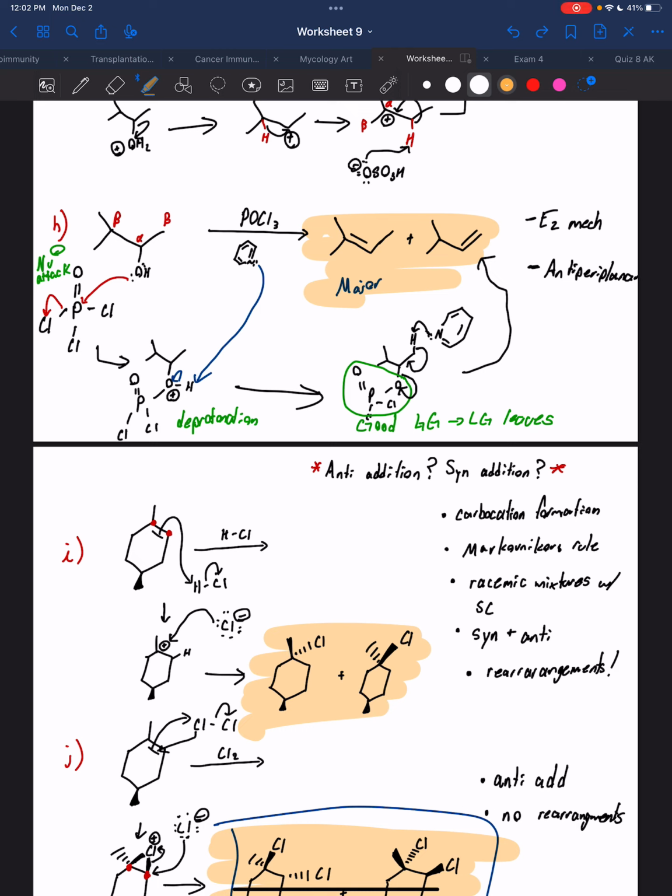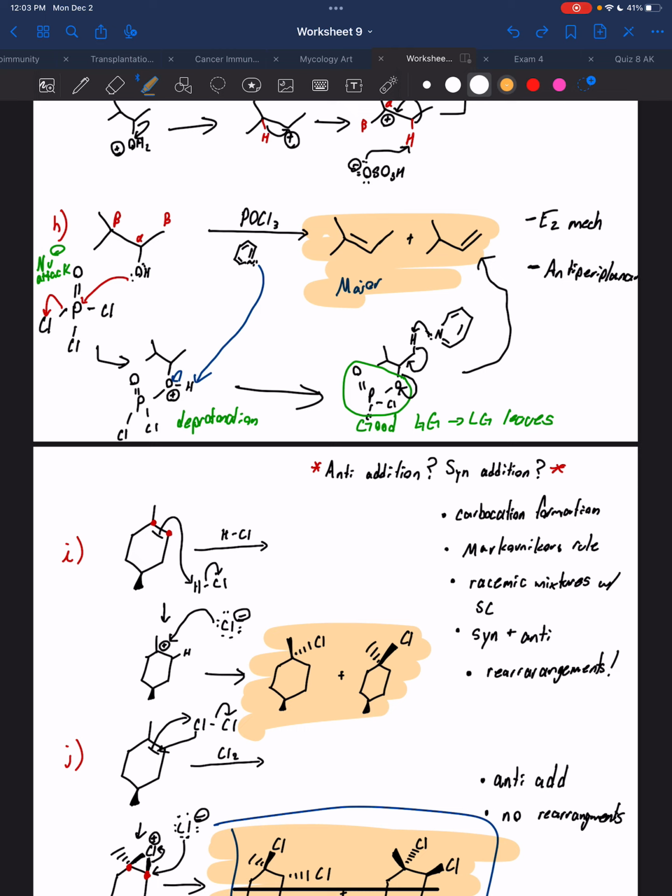There's some of those that you're just going to have to memorize. Just off the top of my head, SOCl₂, that's forced SN2, PBr3, that's a forced SN2 mechanism, and POCl₃, that's a forced E2 mechanism.